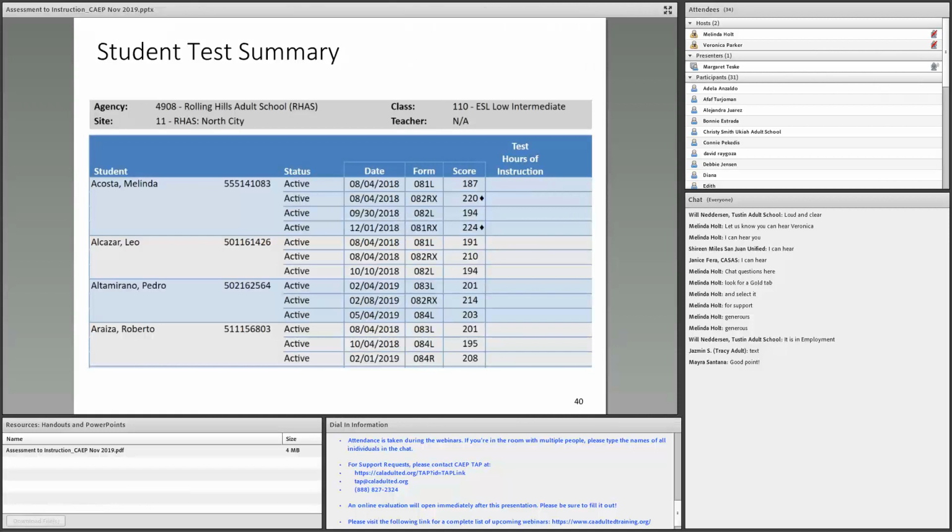And you can see Leo has just taken 2 listening tests, not a second reading test. Any questions about this report? Very helpful to teachers, very helpful if you're trying to determine which class may need a little assistance.